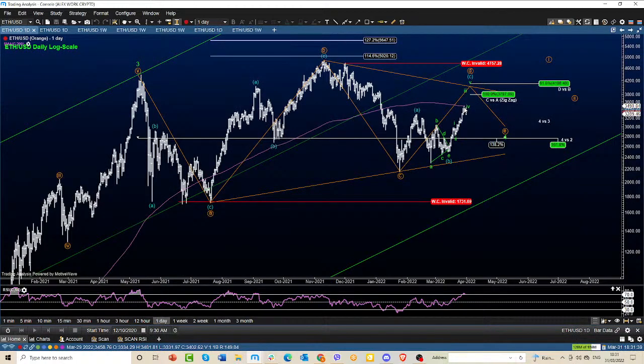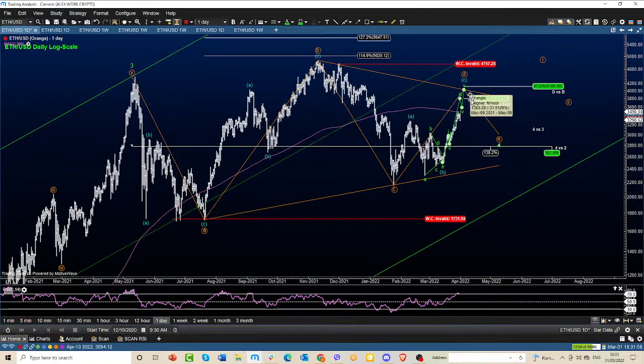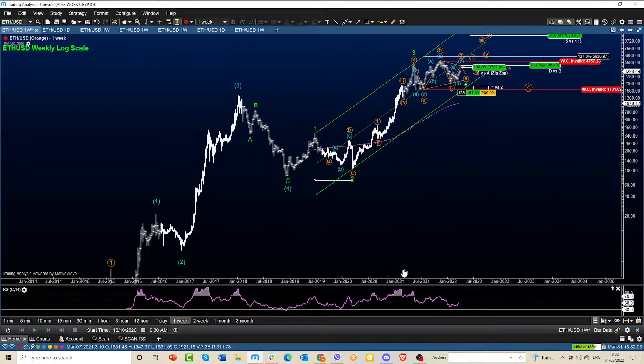So I also would like to see Ether start to climb a bit more, so that this is a correction. I would like to see Ether trading around 3,800 to 4,100 to confirm the D wave, and then the same as Bitcoin, E wave, and then a further move on the upside.